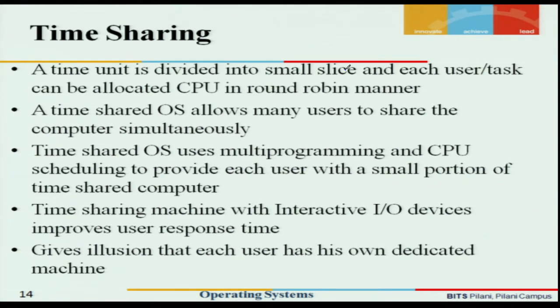Once its time slice is over, job C will get 10 milliseconds, and after job C completes its 10 milliseconds, once again job A will get 10 milliseconds. So, the time slice can be allocated in a round robin manner to the various jobs, and the time slice can be kept very small to give an illusion that all the time of the machine is available to every user.